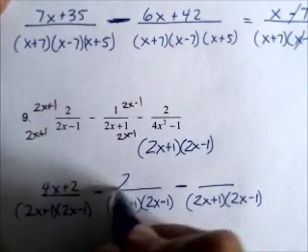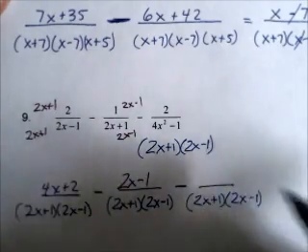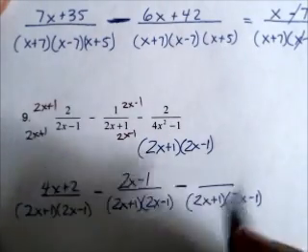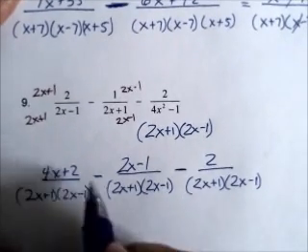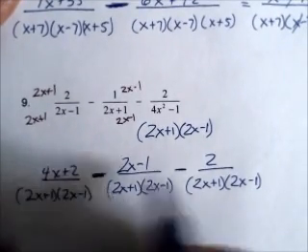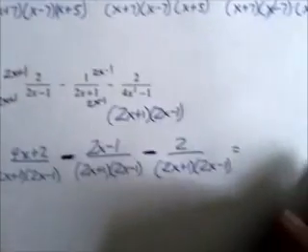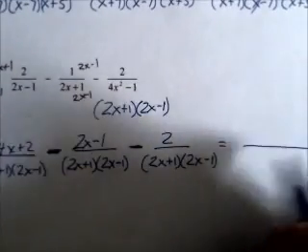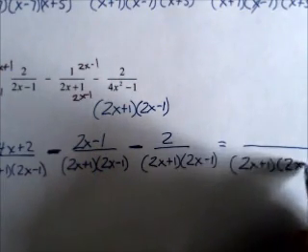So 2x minus 1. And we're all good here, so just bring down the 2. And again, we have subtraction, so be careful, especially with this one. Copy the denominator, 2x plus 1 times 2x minus 1.